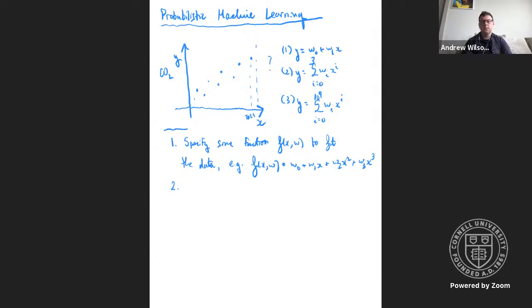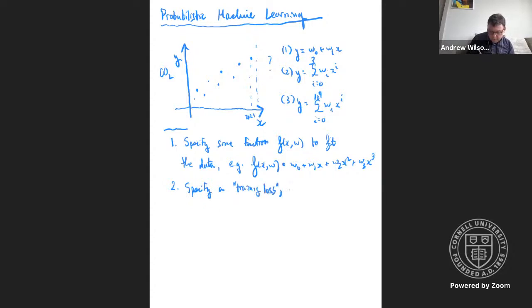Mean square. So that could be one example. So let's specify a training loss.